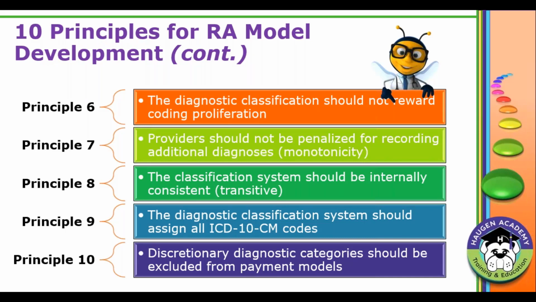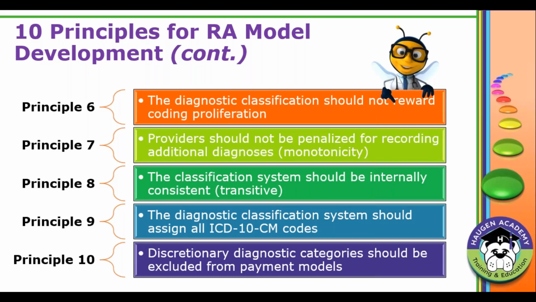Anyway, this says basically that if you have a code in category A that pays more than a code in category B, and you have a code in category B that pays more than category C, then the code in category A pays more than category C. So don't think of it as algebra, think of it as common sense. That, of course, kind of going back to the diabetes example, diabetes with acute complications is obviously going to pay more than an uncomplicated diabetes, which would be group C.